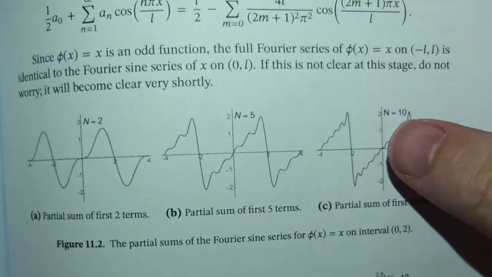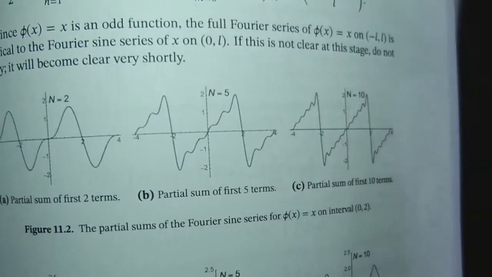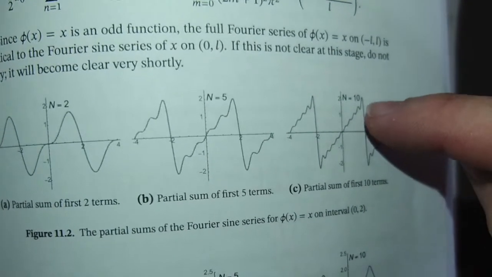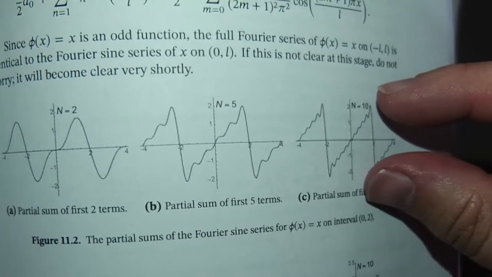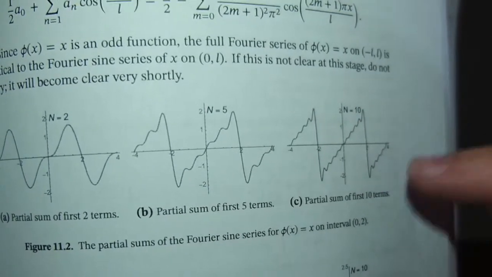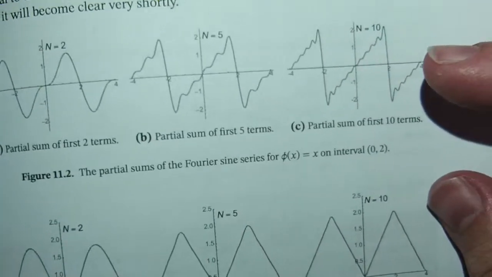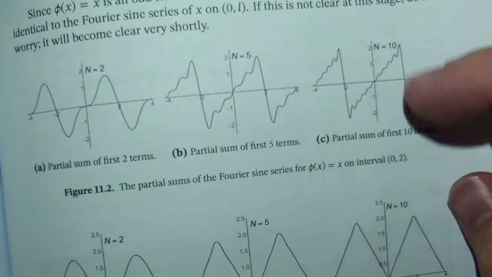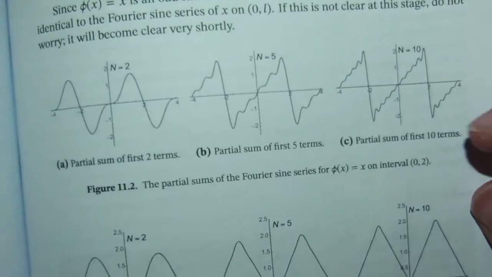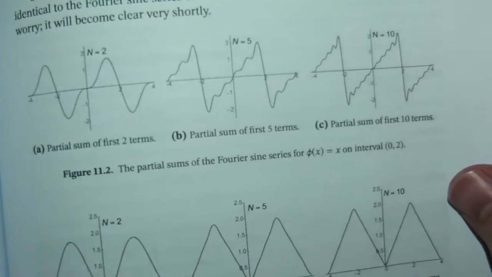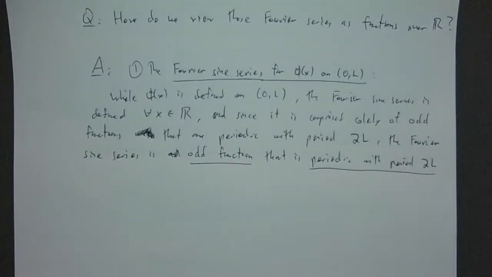N could be 100 million. You're still going to get a continuous nice thing. It's just that this bit connecting them is going to get steeper and steeper and steeper. In the limit, that can go to a jump discontinuity. But for each of these partial sums, it's not going to. It looks like this.